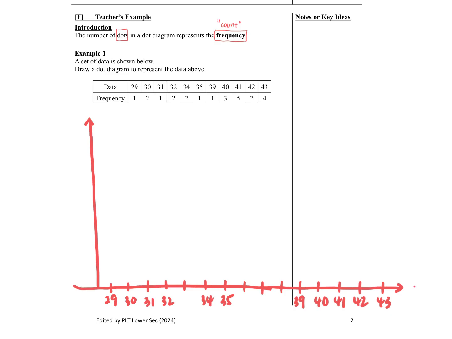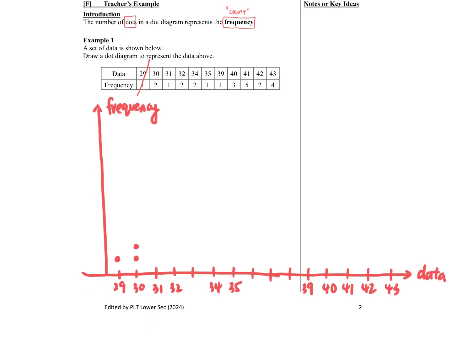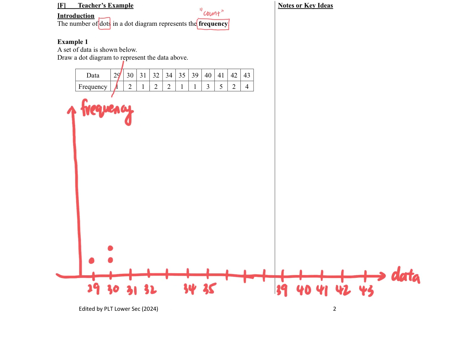So this is your data, and the vertical axis is your frequency, how many you have. So 29, I only have 1. So this is done. 30, I have 2. So make sure you align them. So if the exam asks you to draw a dot diagram, you should laugh, because it's very easy.